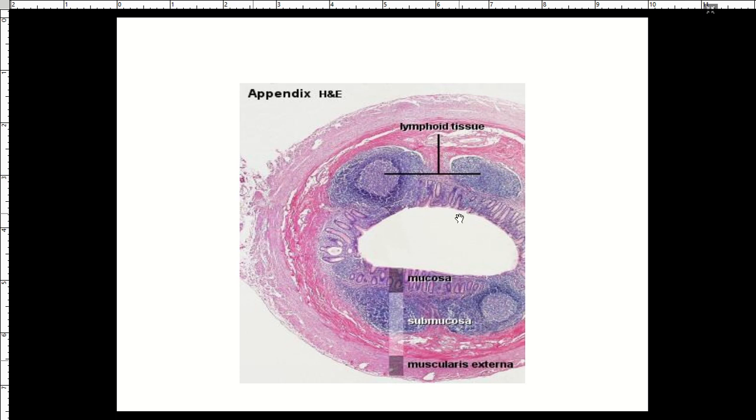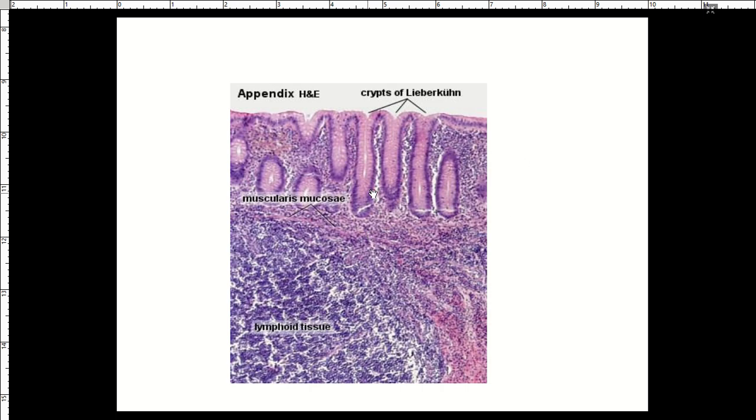So there's aggregation. And some few crypts of Lieberkühn with absence of villi and microvilli. Another one here, you can see crypts of Lieberkühn here. This is a lymphoid nodule. This is a muscularis mucosa, right?